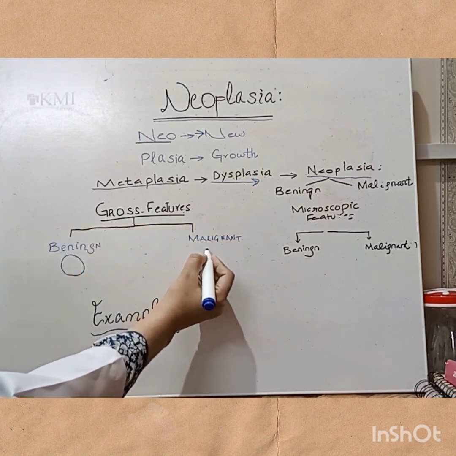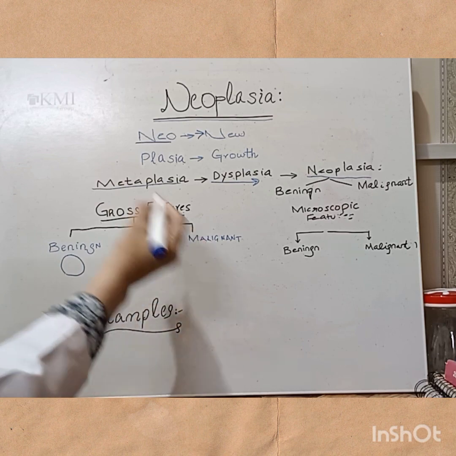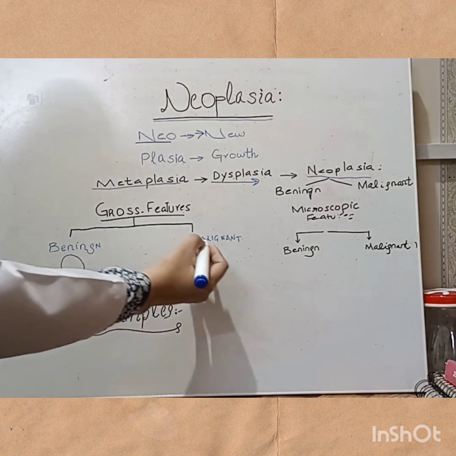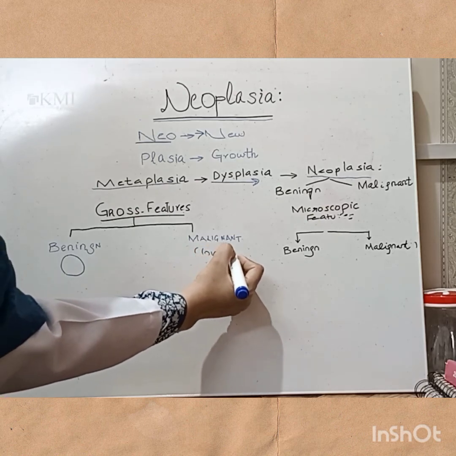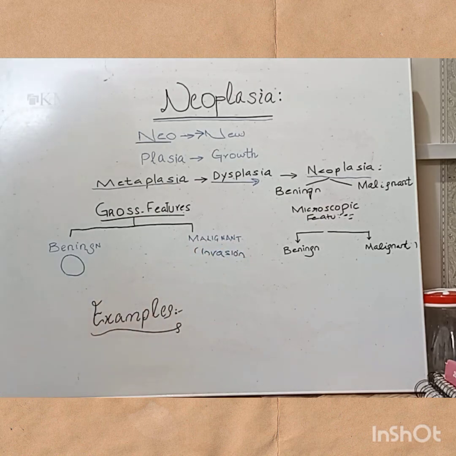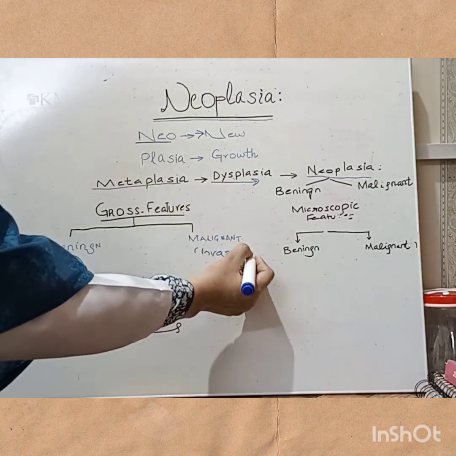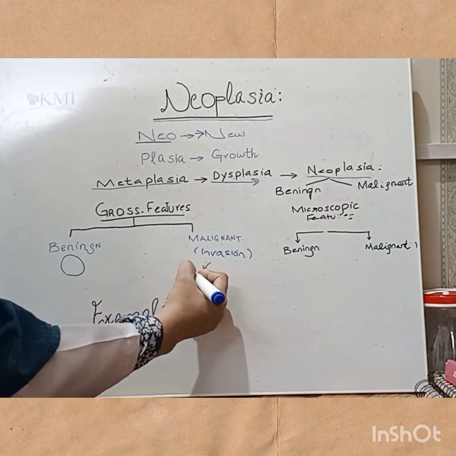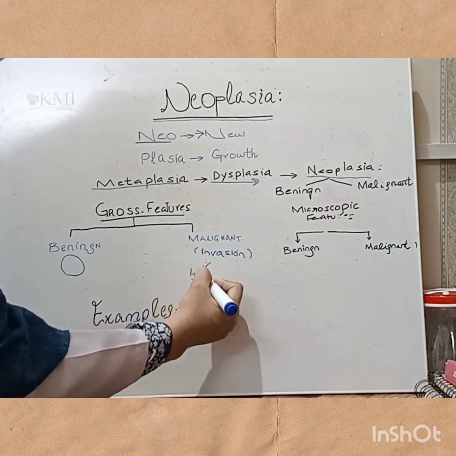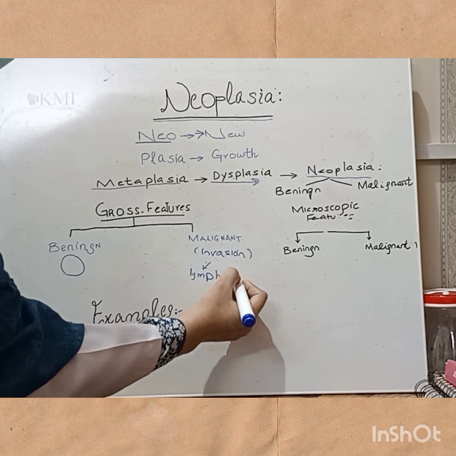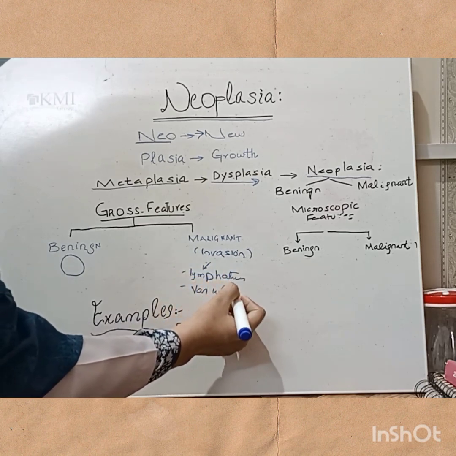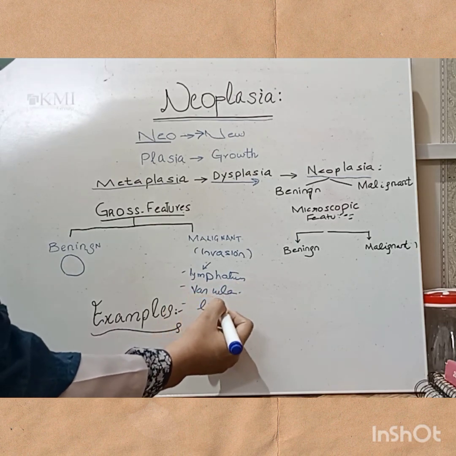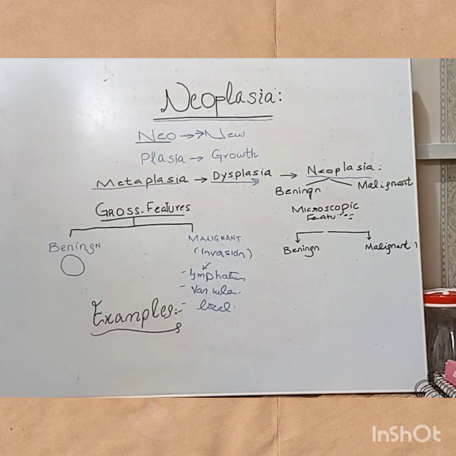However, the main property of the malignant lesion is invasion or metastasis, that is the ability to invade the surrounding structures and to spread to distant structures either by means of lymphatics, or by vascular spread, or by local spread, depending upon the location of the tumor.